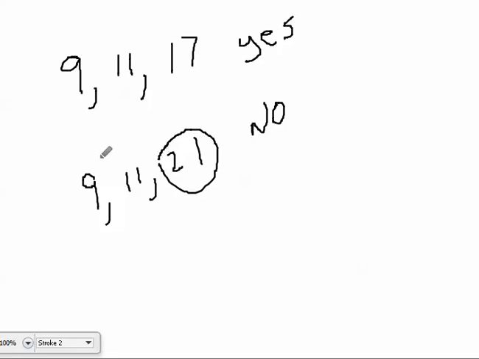You guys seeing what I'm saying? 9 plus 11 is less than this. So that would not be a triangle. But up here, 9 plus 11 is greater than 17. So yes, this would be a triangle. Okay? That's the type of questions you're going to be looking at. And I want to make certain you guys know how to work those type of questions.